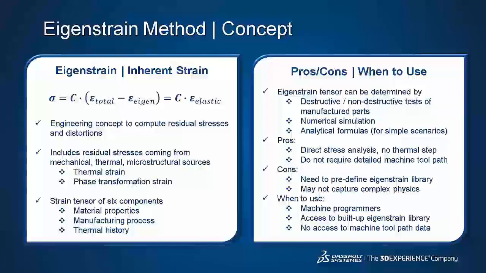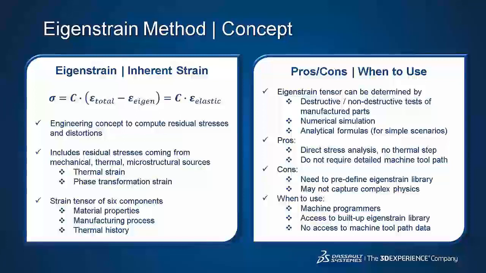With simple definitions of layer thickness and build time, we can perform process simulations. However, the eigenstrain method does require predefined eigenstrain libraries, especially when a variety of scan patterns, speeds, and powers are used. It is sufficient to capture distortions and residual stresses, but may not capture higher order deformation modes such as the buckling modes that may happen to some thin-walled structures during the build.